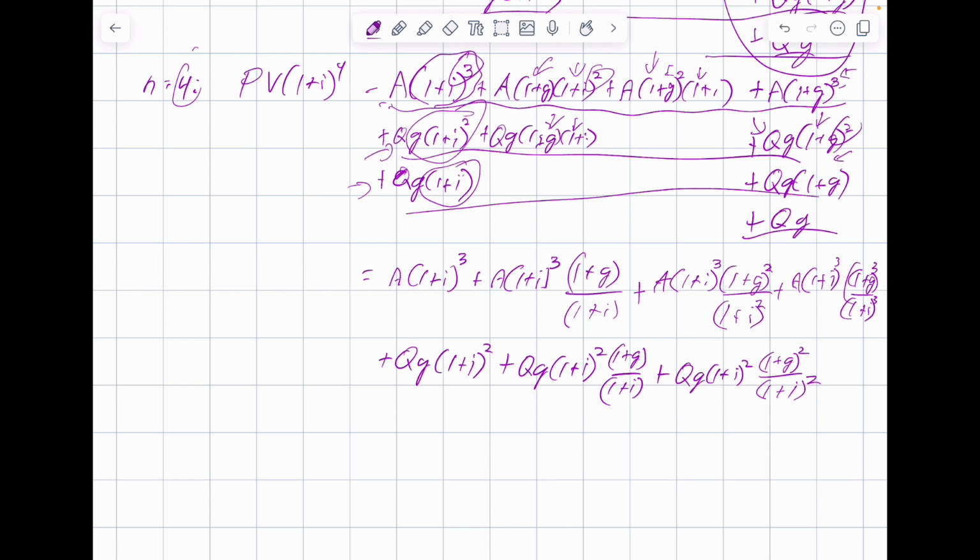This time we'll just take the 1 plus I out. And do this term. It puts 1 plus G, 1 plus I. And this one will just carry down.